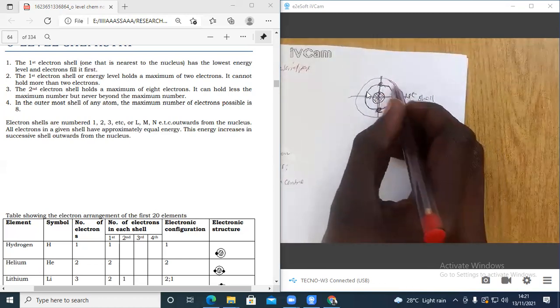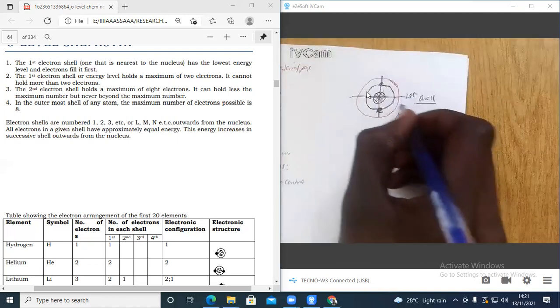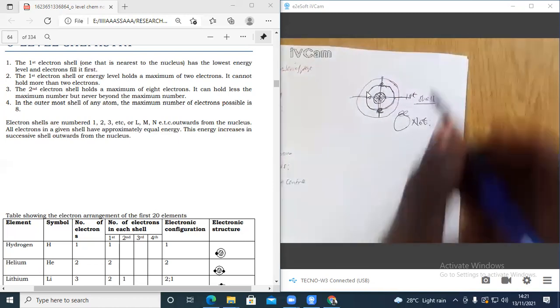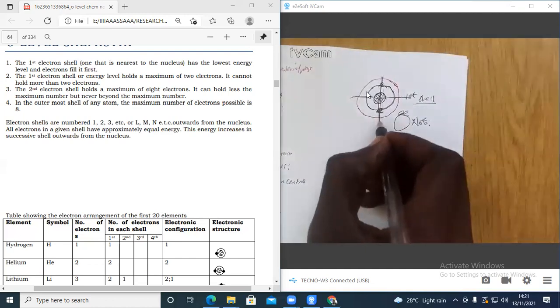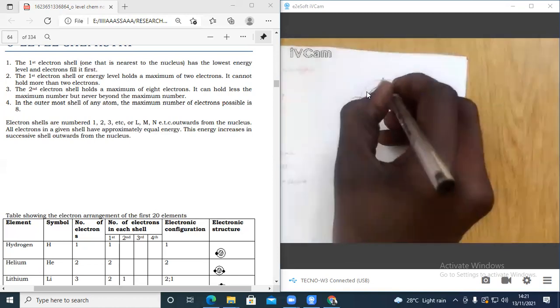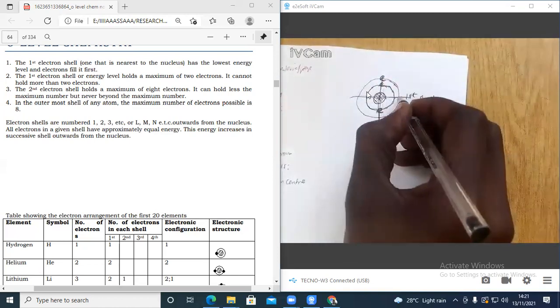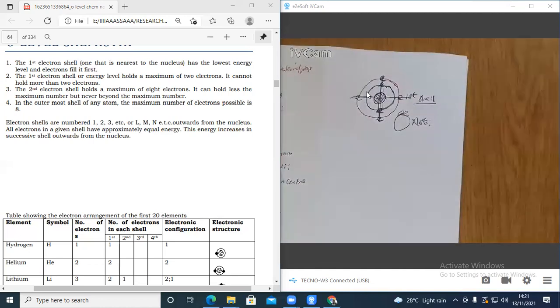So this is what it means: if this is the first shell, this is the second shell, the maximum number of electrons this shell can hold is 8. If we fill it, electron, another electron, another electron, another electron, how many are those? 4.